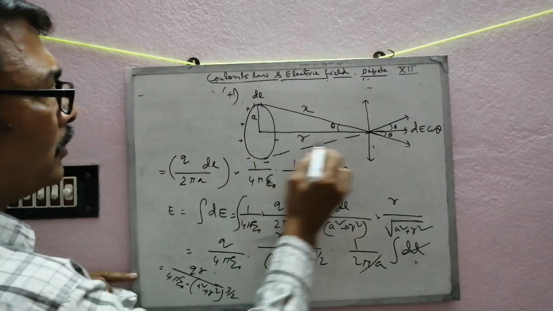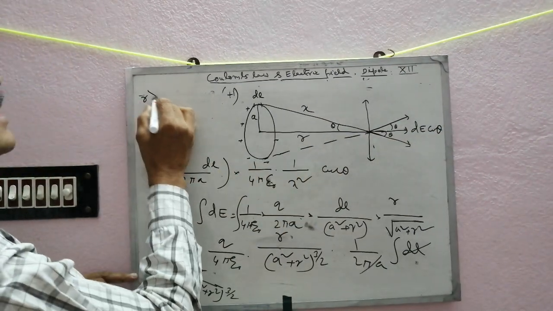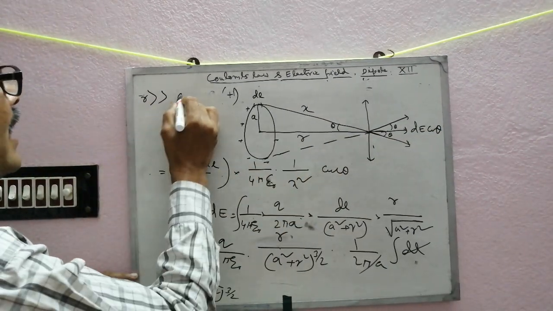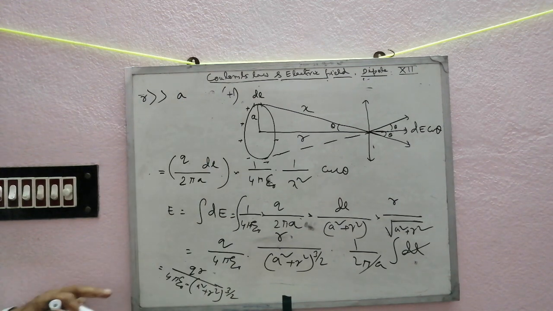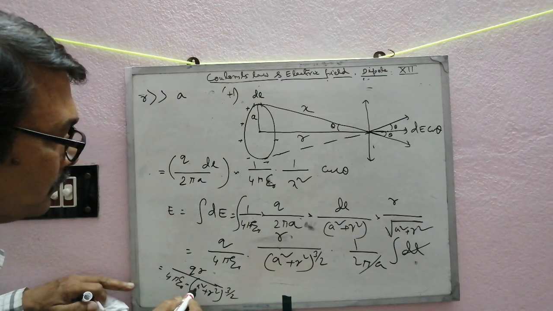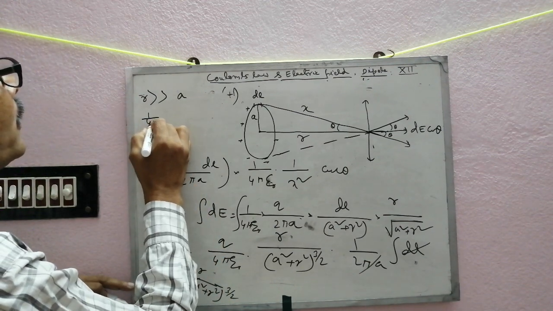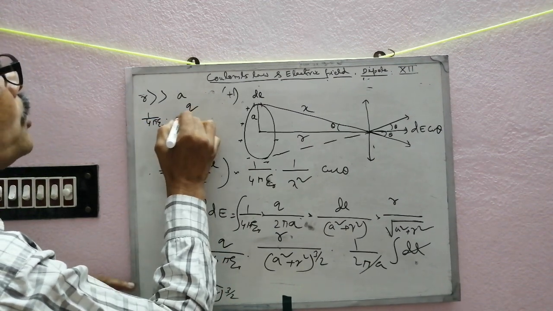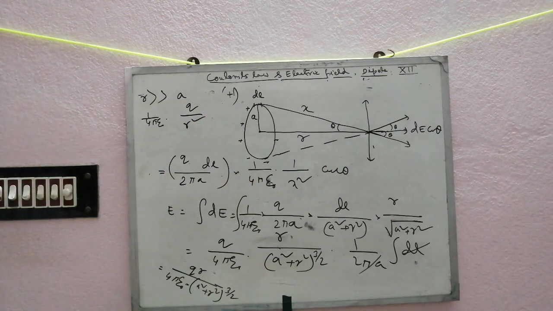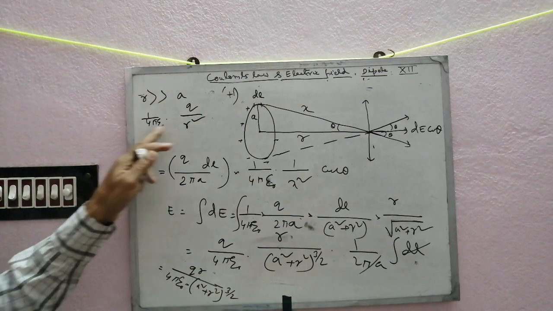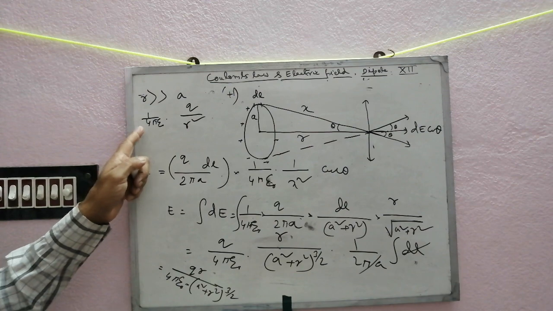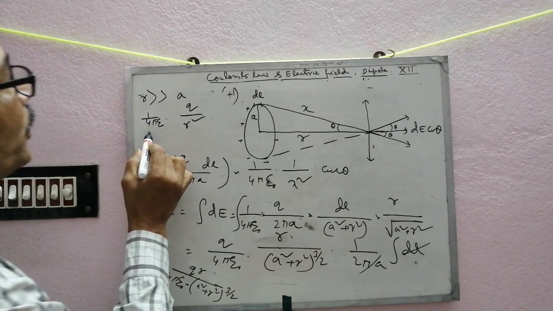Far away from the charge, that is r greater than a, we get 1 by 4 pi epsilon 0 Q by r square, just like a point charge.